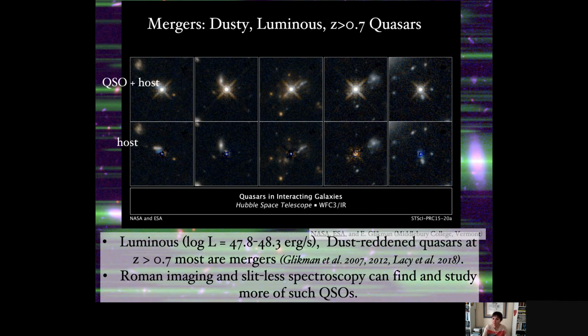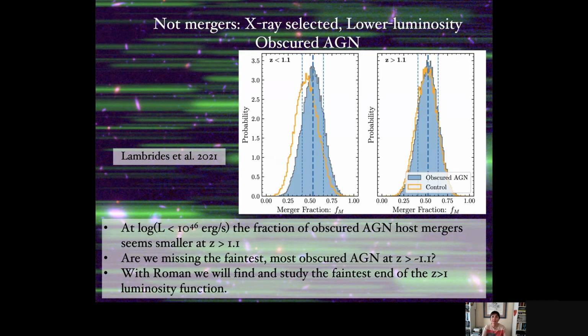Also, we will be able to explain why not everyone sees this, why we do not appear to see this at lower luminosity. For example, Lambrides et al. 2021 find that at lower luminosity, here going by a factor of 10 to 100 lower luminosities, when we compare the merger fraction in obscured AGN, found as such from X-ray observations, relative to a control sample, it is higher in lower-luminosity, lower-redshift sources than it is at higher redshift.